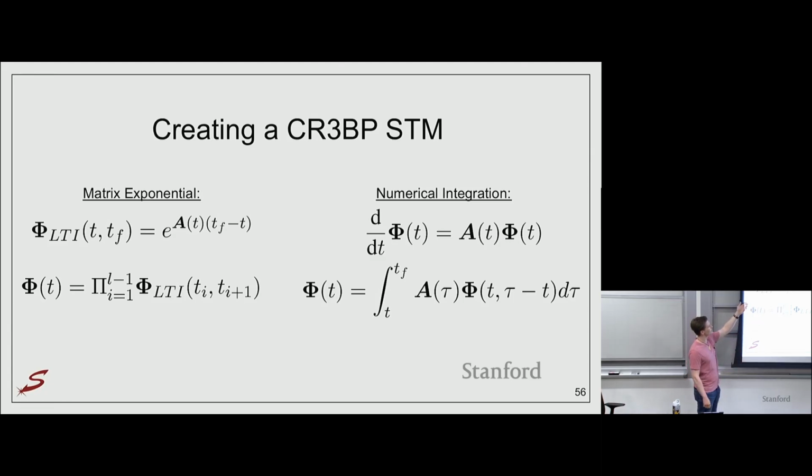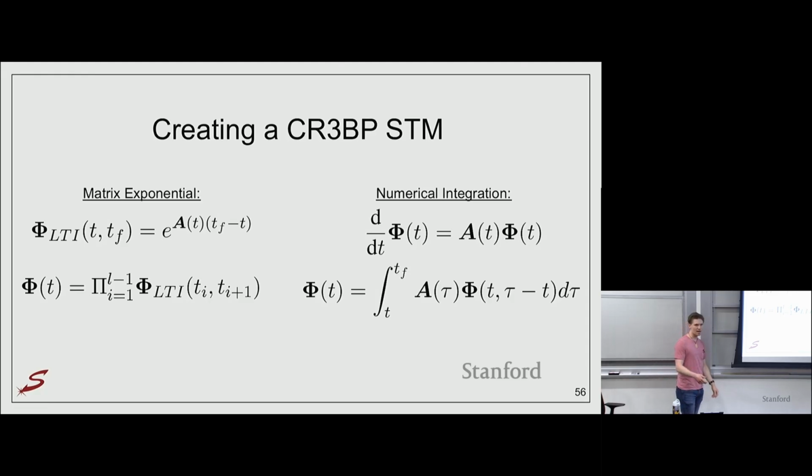But the problem with this STM is that it is linear time invariant, by the definition that you've created, and we want linear time variant because this is the CR3BP. It's highly varying dynamics. So what we're going to do is stack linear time invariant STMs over short time periods to capture this time variance and get a linear time variant STM.